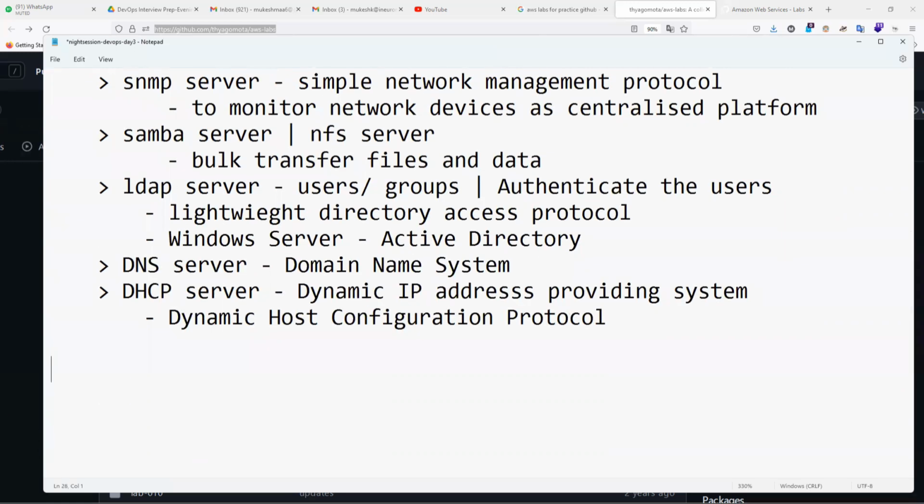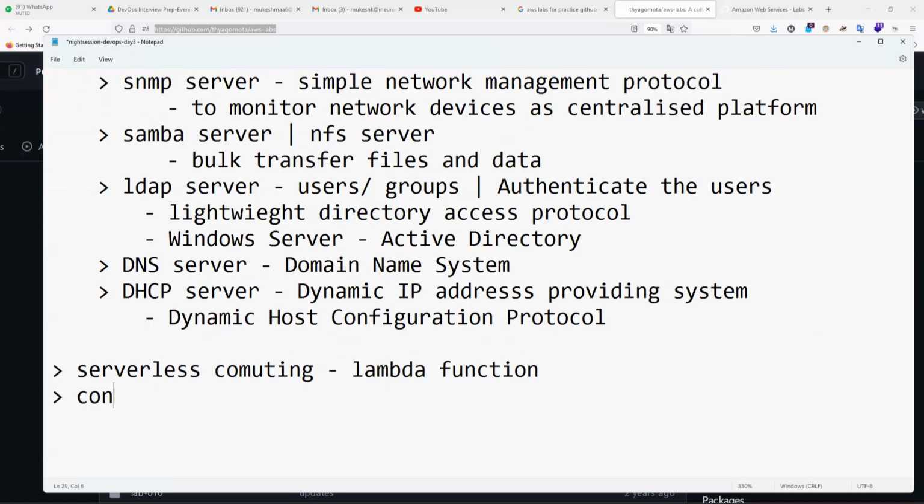Now, if we talk about the cloud platform, we have the serverless computing concept. There we use Lambda, which is in AWS.